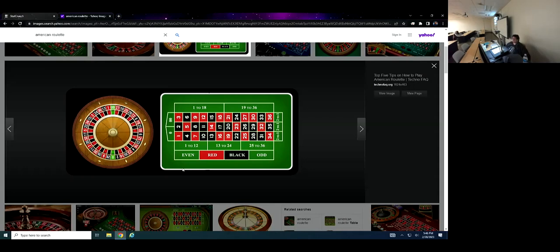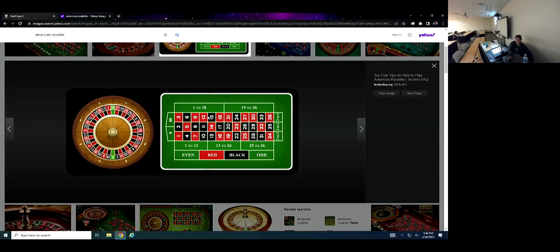All right, so 0 and double 0 are called ought and double ought. Ought is another name for 0. There are several ways you can bet. You can bet on any particular number by placing your chips on that number only. You can bet on any 2 numbers by placing the chips on the intersection of those 2 squares. You can bet on any 4 squares by placing the chip where they all meet.